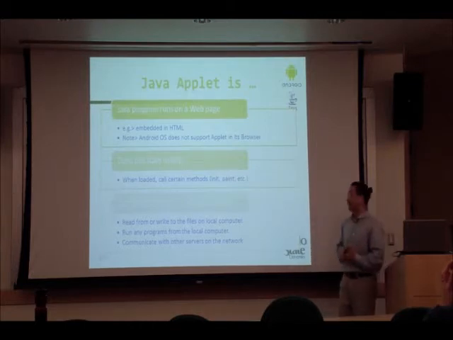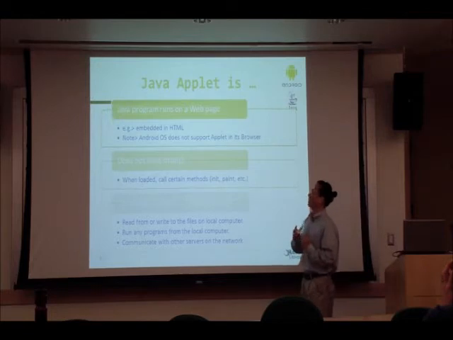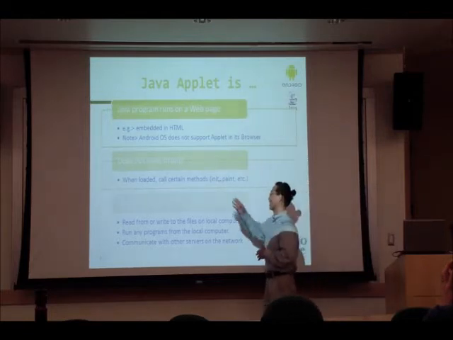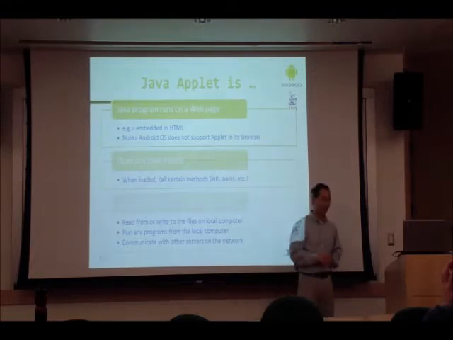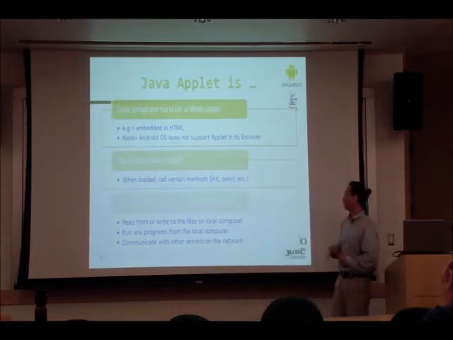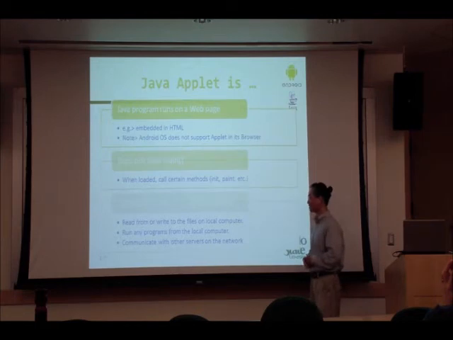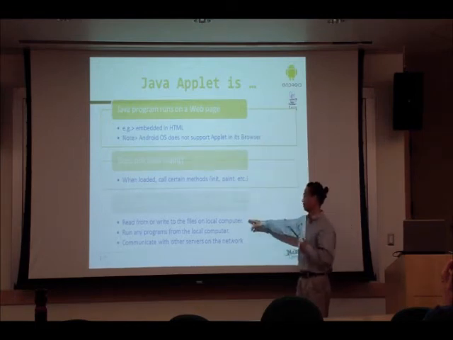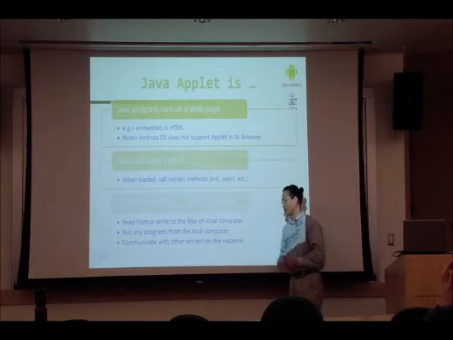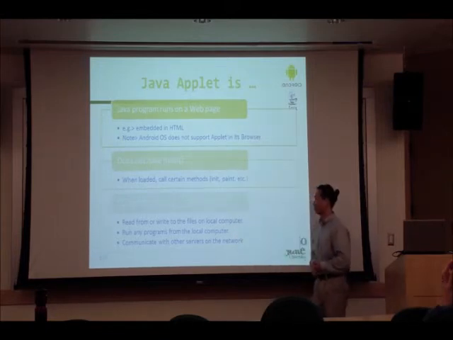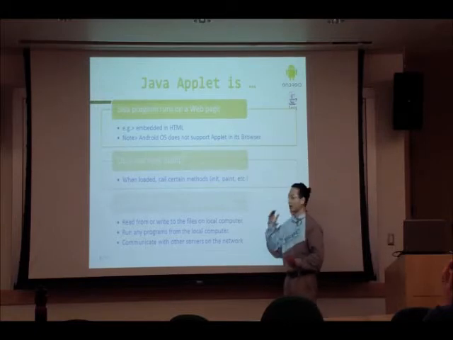The main difference between an applet and an application is that an applet does not have a main method, but it has its own entry points, such as the init method or the paint method. An applet also cannot access local files or programs, or even communicate with other servers, due to security issues.